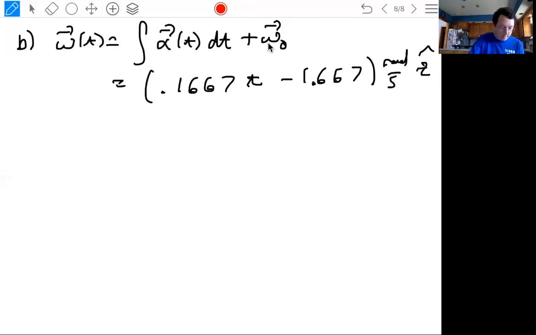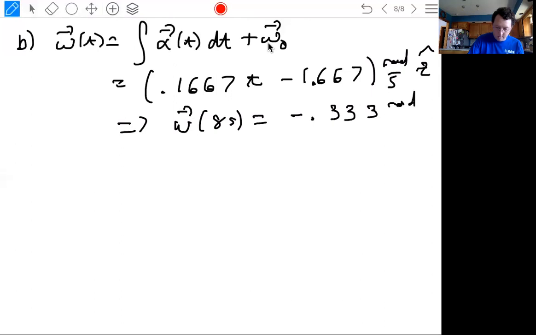And if I plug in numbers, at 8 seconds I'm going to get omega vector at 8 seconds equals minus 0.333 radians per second z hat.